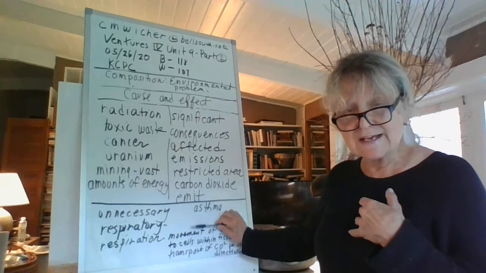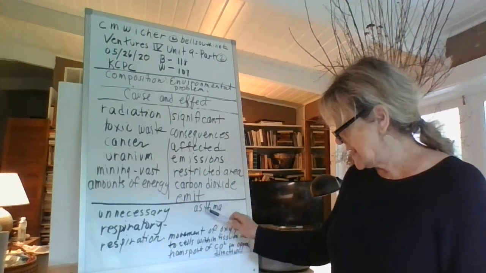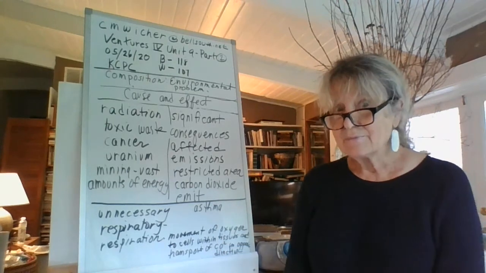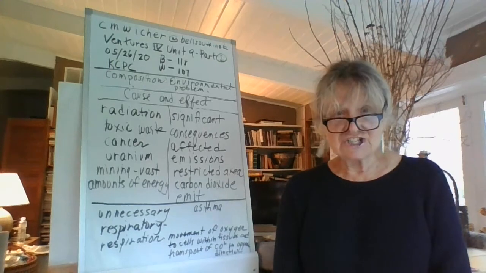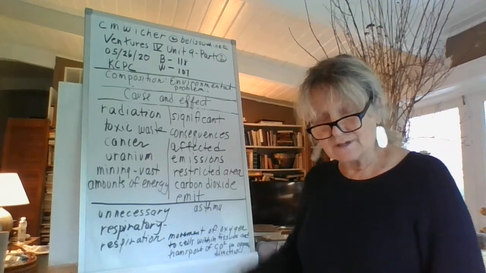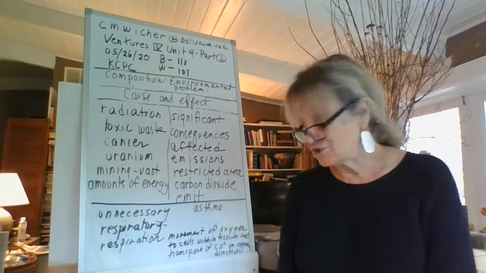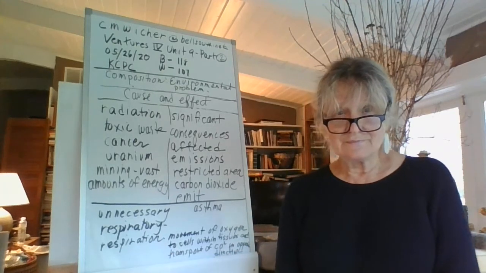And it sounds like a Z, but the spelling for asthma is A-S-T-H-M-A. What is it? Asthma. And what kind of a condition is it? Respiratory. What is it? Good. Respiratory, which comes from the word respiration.